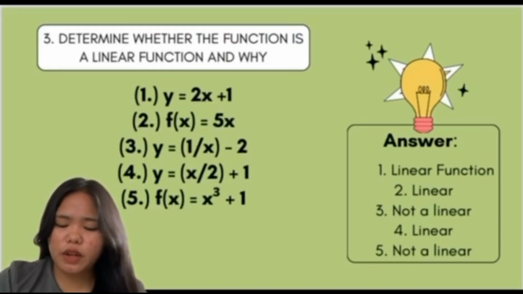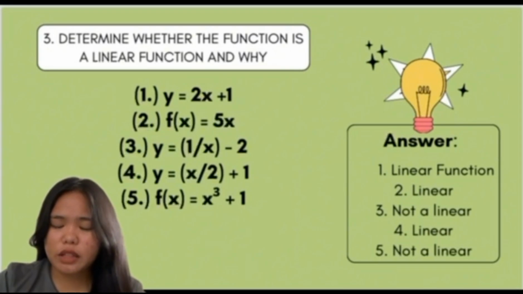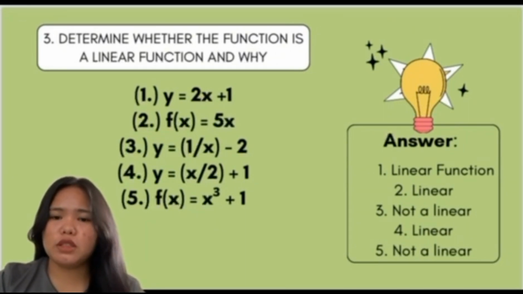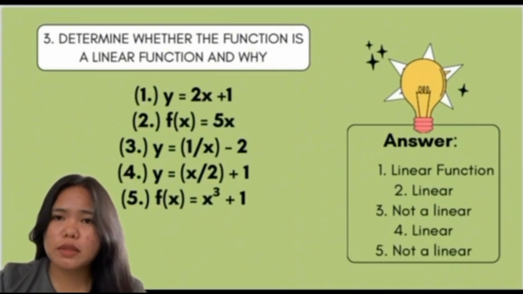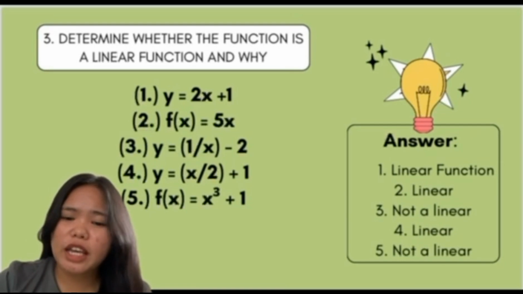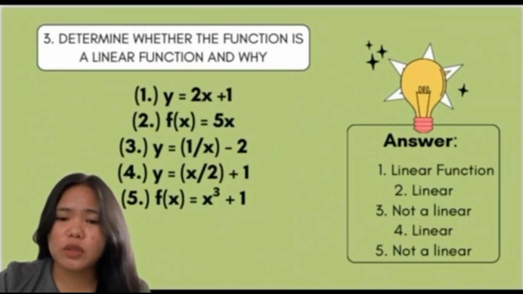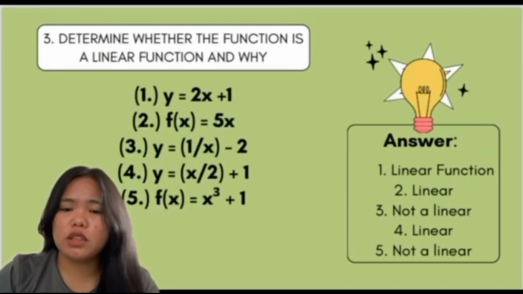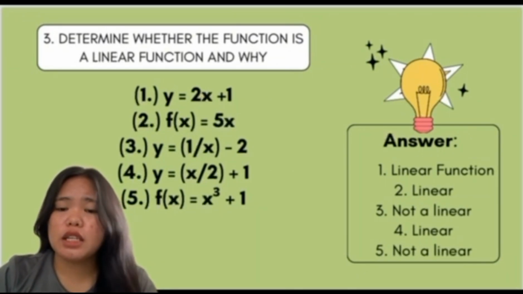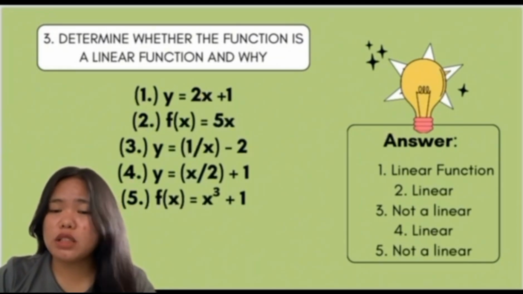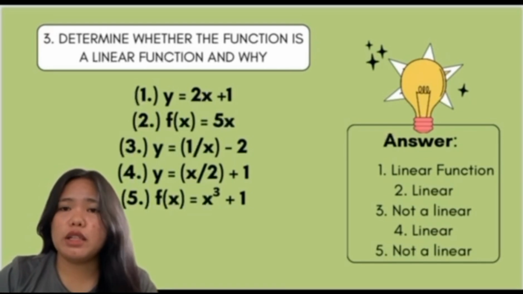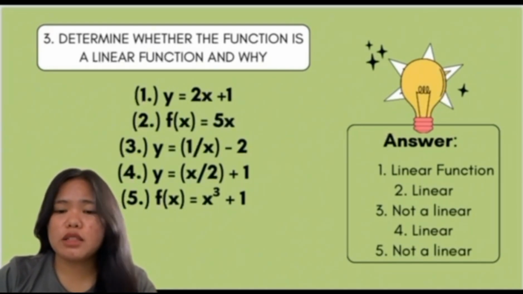Determine whether the function is a linear function and why. The first question is y equals 2x plus 1. The answer is linear function. Why? This function is in the form of y equals mx plus c, where m is the slope and c is the y-intercept. The highest power of x is 1, indicating a linear relationship.